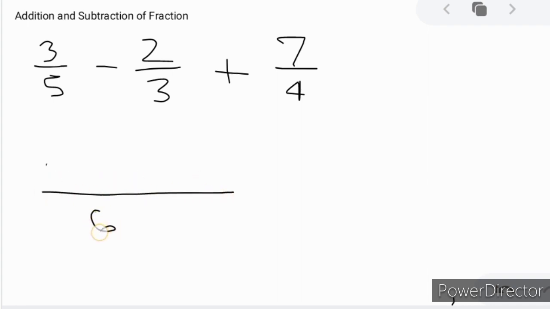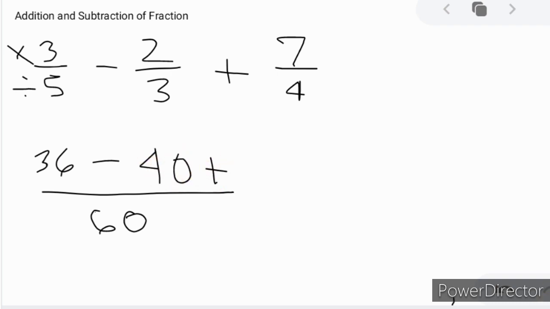So, let's proceed to the divide and multiply method. 60 divided by 5 times 3 is equal to 36, minus 60 divided by 3 times 2 is equal to 40, plus 60 divided by 4 times 7. So, what would be the answer?